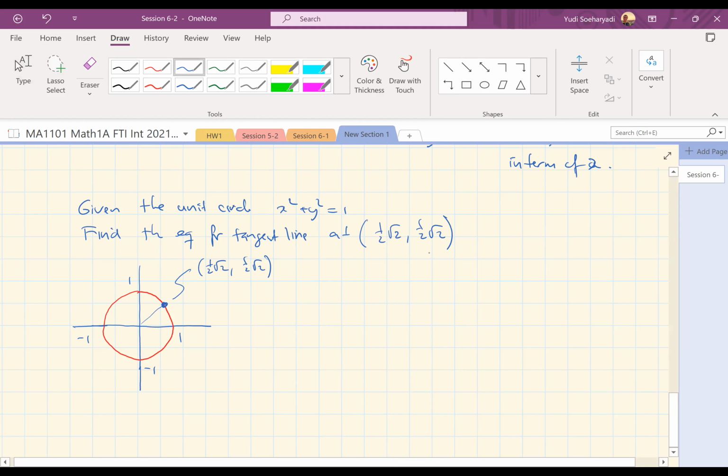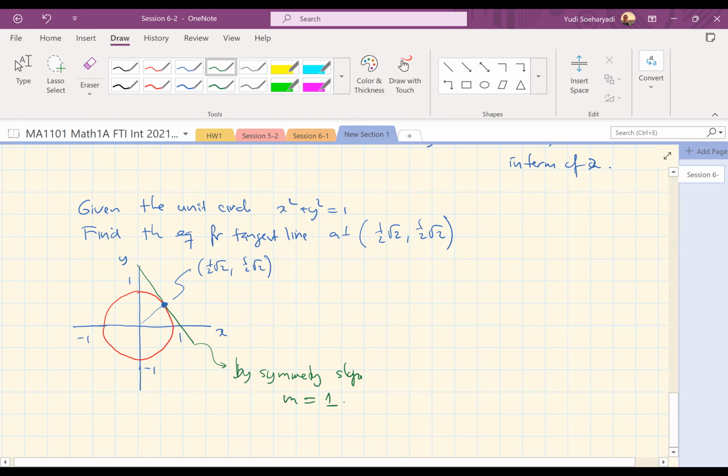Okay, so just by symmetry, because this is symmetric, you would guess that the slope is 1. Yes, by symmetry, the slope must be 1.